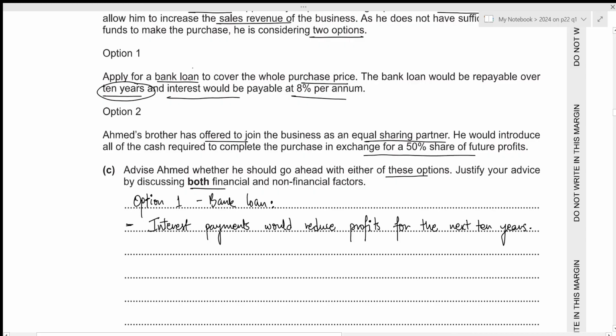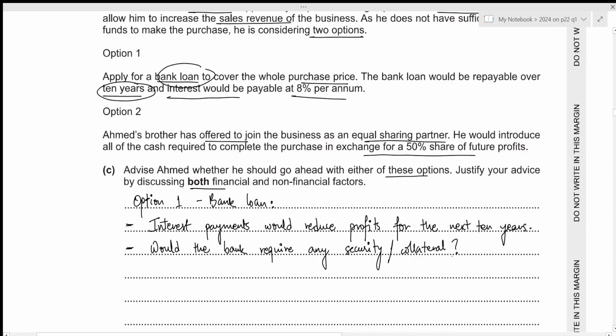And whenever there is a bank loan, there is a question of whether or not any sort of security or collateral is required. So we can ask that question as well. Would the bank require any security or collateral? Because they need to hold some of your asset in order to give out such a large amount of a bank loan.